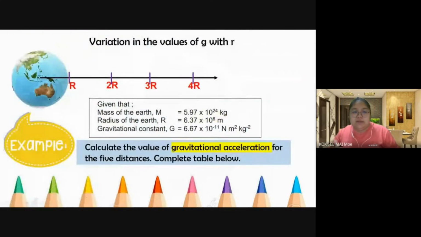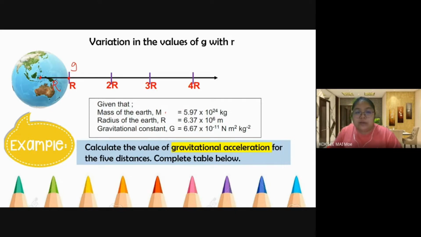Now we are going to see this example. We take the mass of the Earth as the center, then we move the satellite further and further and see the differences. First, if the object is at radius R, exactly at the surface, we need to find the gravitational acceleration.